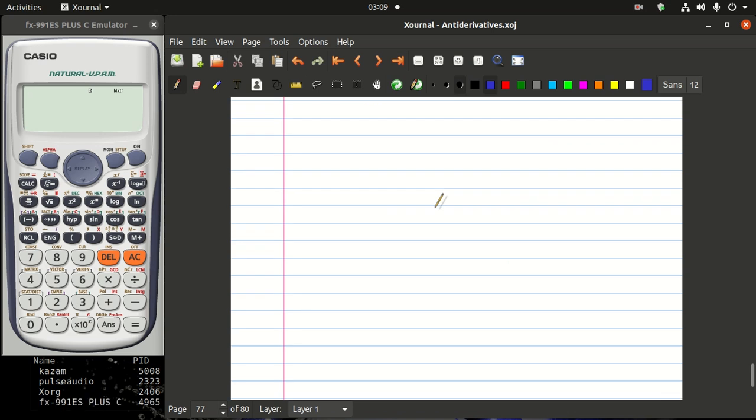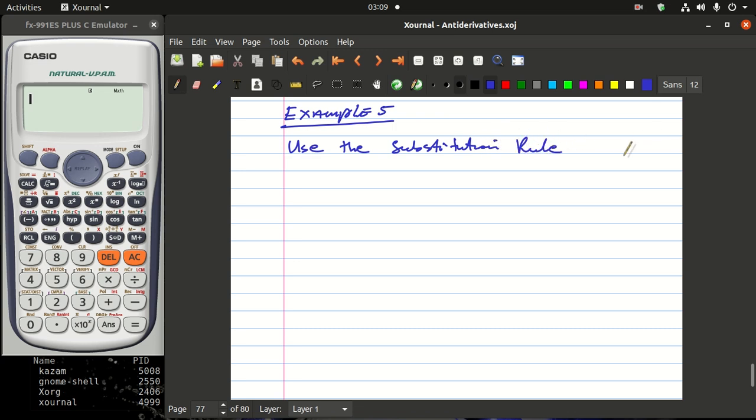Let's look at the last example and see how far we have come. So we have example 5. Example 5 is saying use the substitution rule to evaluate the indefinite integral.